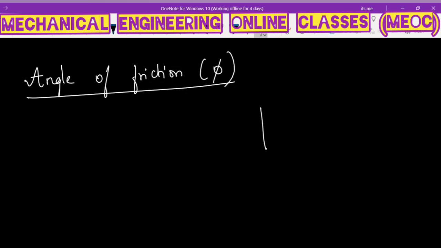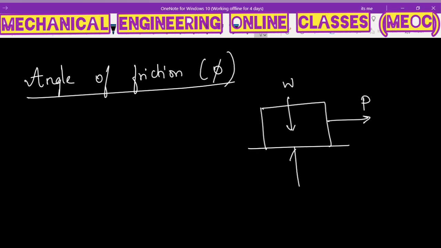Angle of friction is denoted as phi. So let us take an example of an object of weight W being subjected to an external force P. The normal reaction is N, the friction is F max.